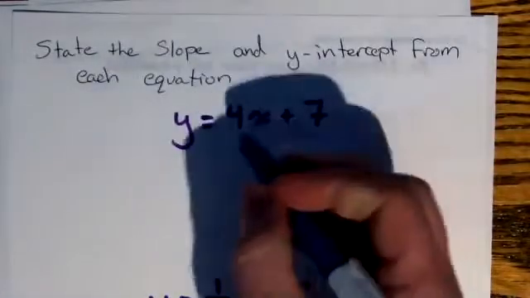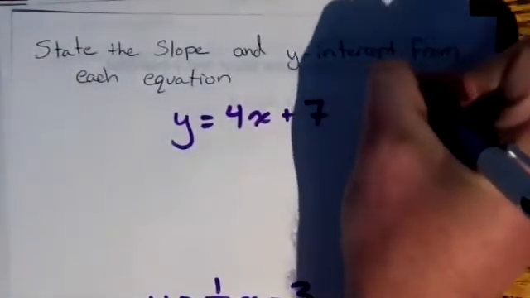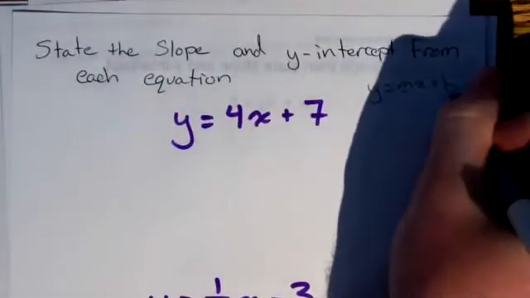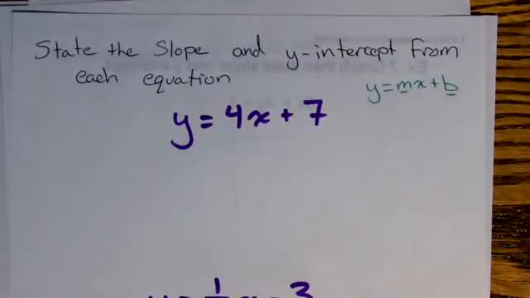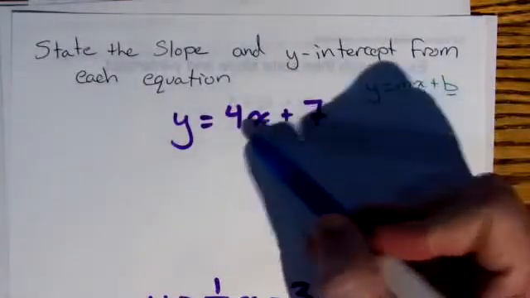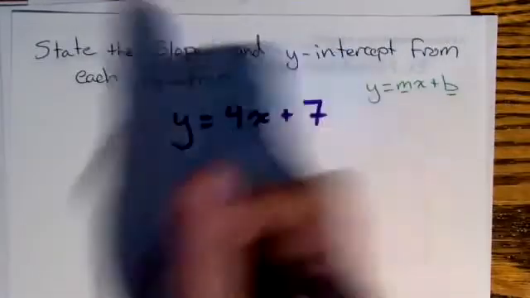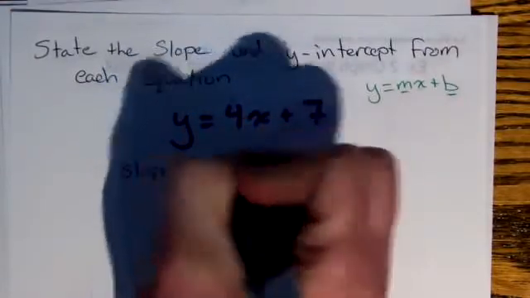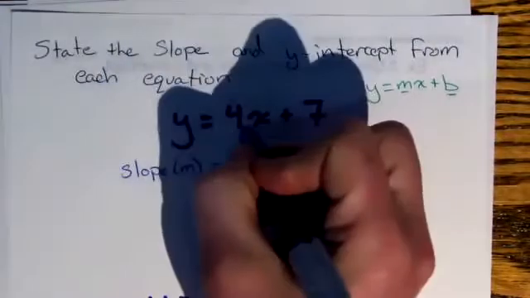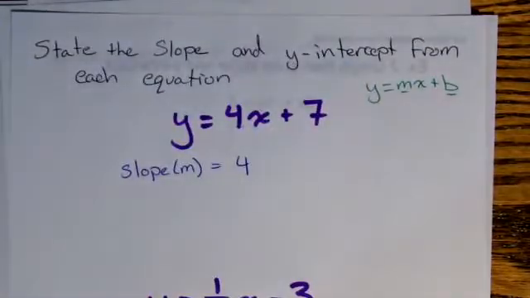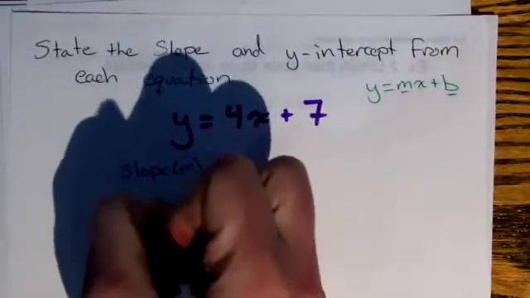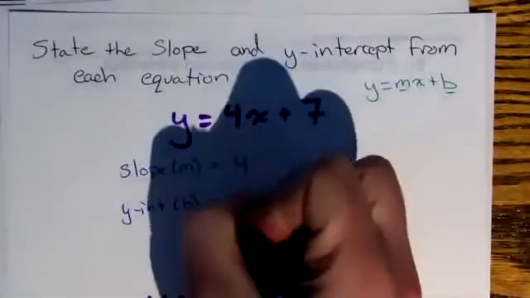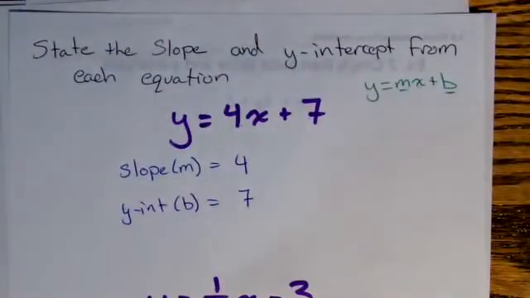If we remember, we're in the form y equals mx plus b. m is our slope, b is our y-intercept. m is next to the x, so our slope would be the 4 because it's with the x. And what is our y-intercept, or our b? Well, that's the number that's not attached to the x, so our y-intercept would be 7 here.